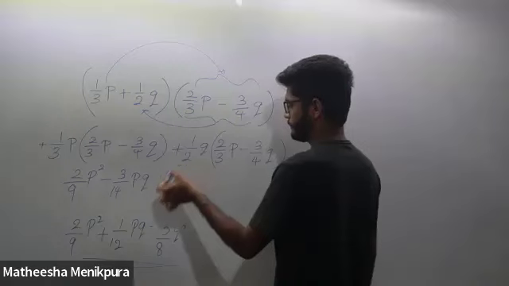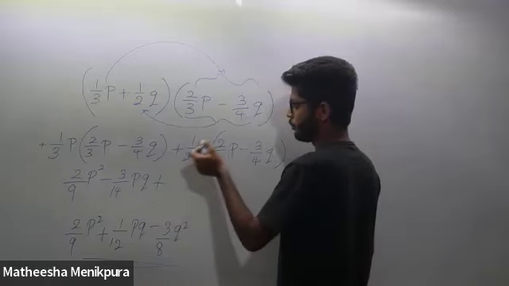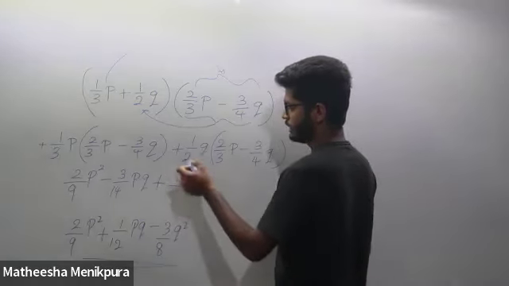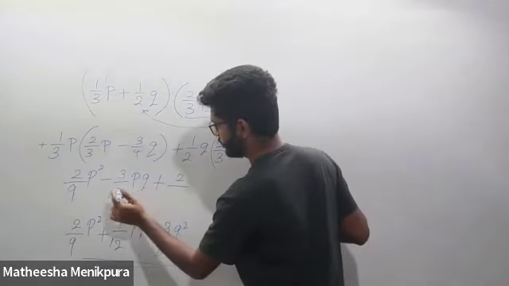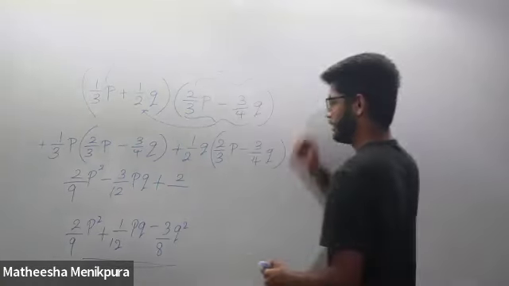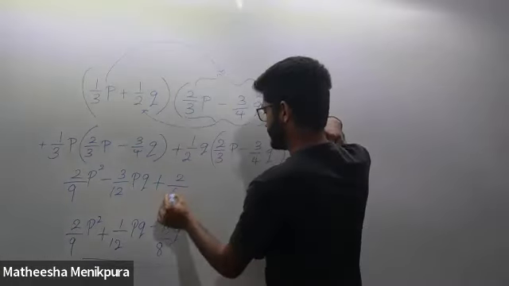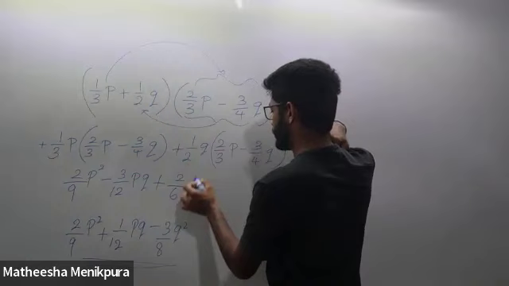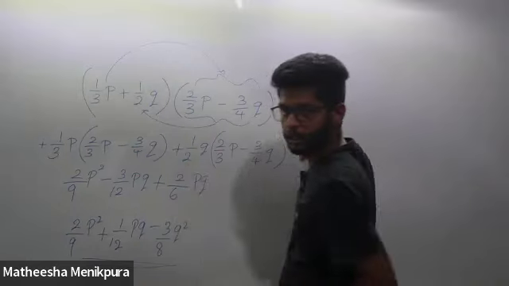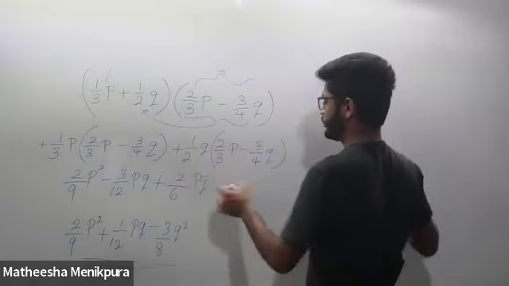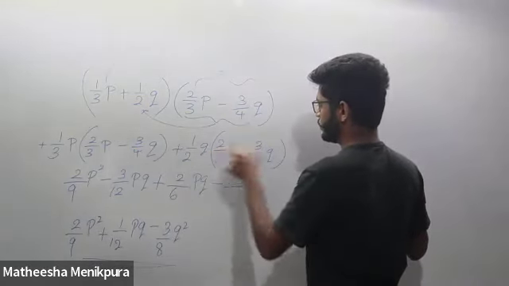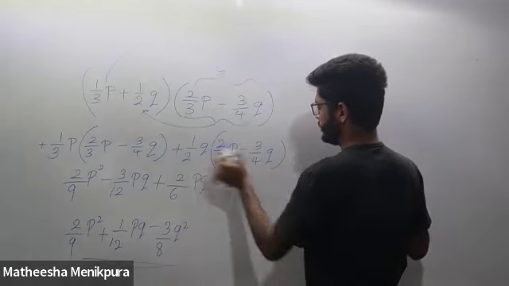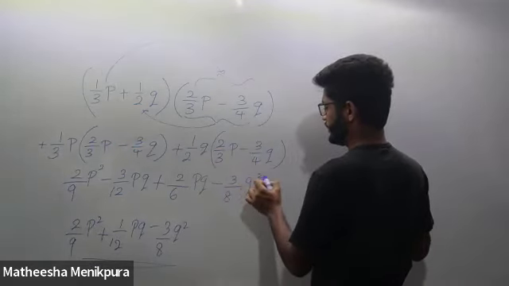Plus 1 into 2 is 2, 2 into 3, I wrote 14, here it should be 12. No, 2 into 3 is 6, p into q again pq. Plus into minus is minus, 1 into 3 is 3, 2 into 4 is 8, q into q is q squared.